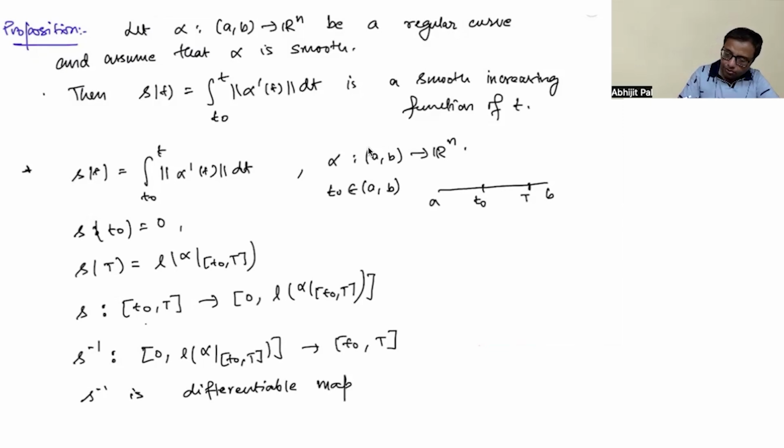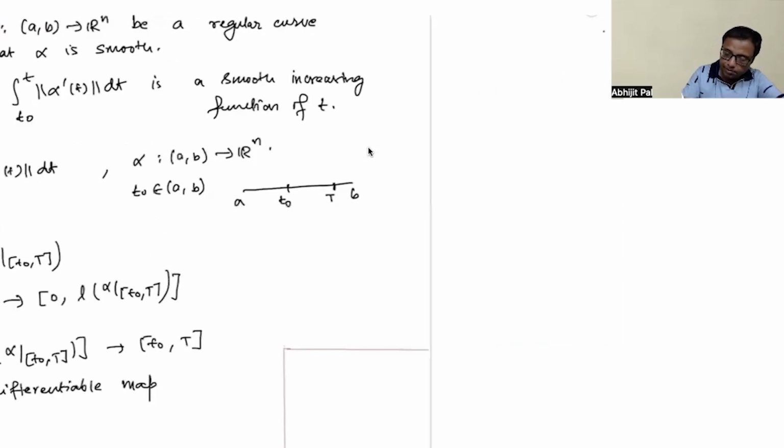So therefore we can have this picture here. S inverse is a map from this interval to T0 comma capital T, and alpha is defined on this interval.